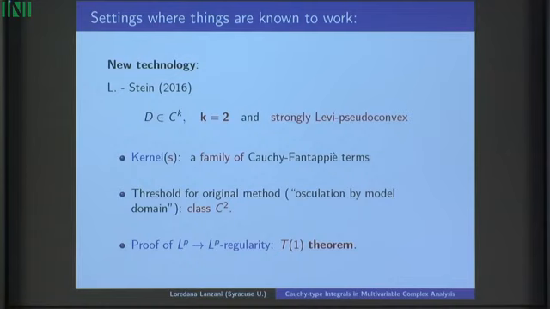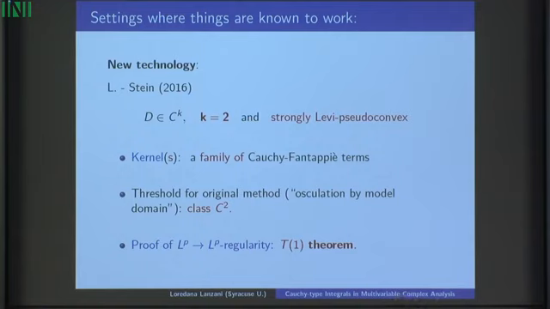It took us 40 years, from 1978 to 2016, give or take a year or two, to recover the same result of LP regularity for domains that are just 1 order of regularity less than the classical setting. So the assumptions here are all the same as the classical setting, except that now you have regularity 2 as opposed to regularity 3.